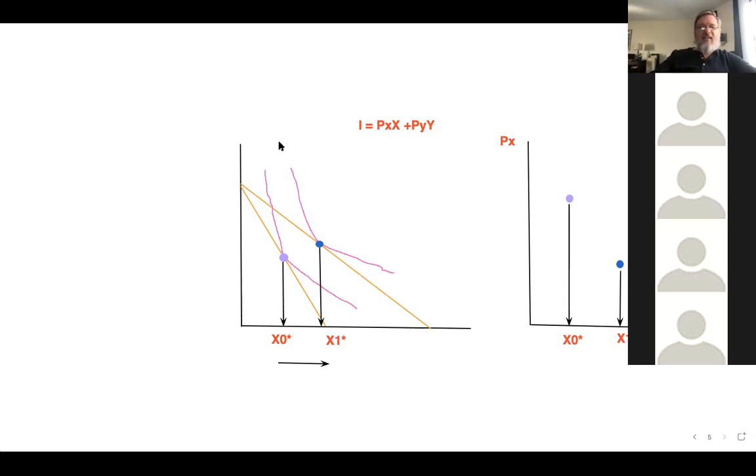And if you did this for each and every possible price, you would end up with this ray, and it's not necessarily a line, I'm just drawing it as a line, that it's straight. Normally they're not straight, normally they curve one direction or another.